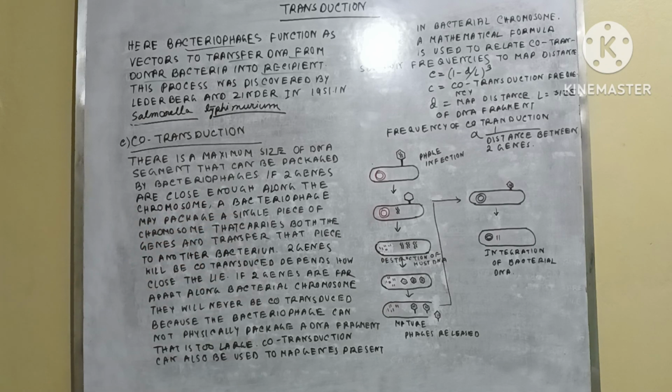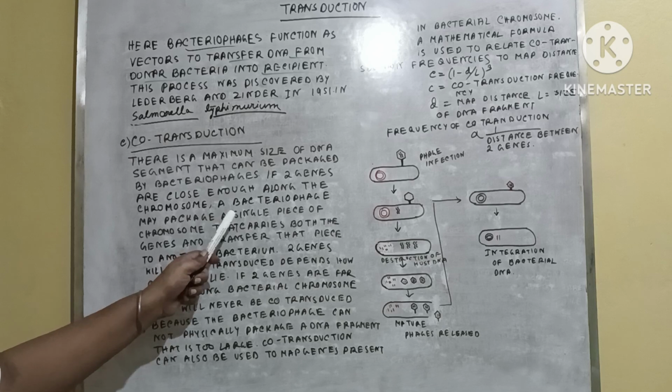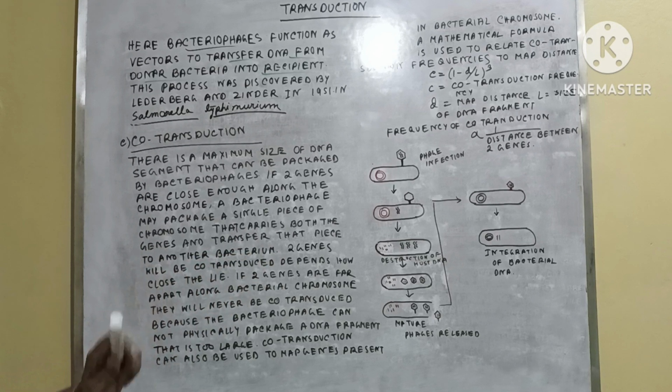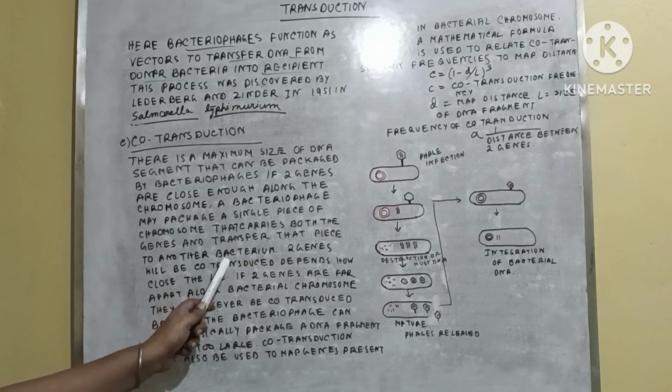There is a maximum size of DNA segment that can be packaged by a bacteriophage. If two genes are close enough along the chromosome, a bacteriophage may package a single piece of chromosome that carries both genes and transfer that piece to another bacterium.